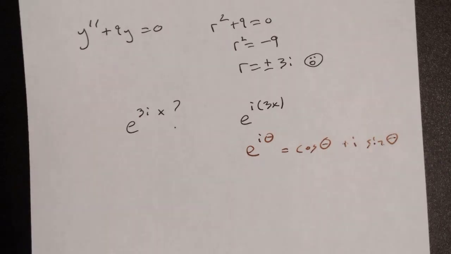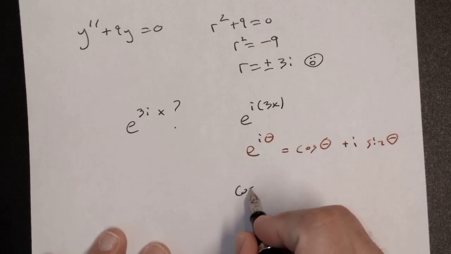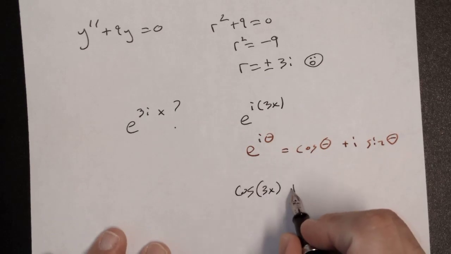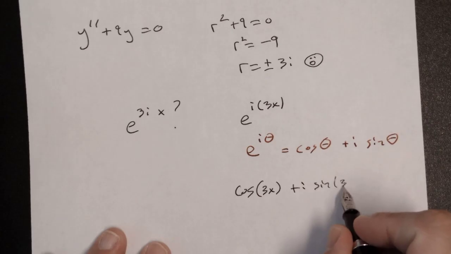Now we actually can prove this using power series. No, Mia, I'm not going to. But it turns out to be an absolutely true fact, which means when I write e to the i times 3x, the way to think of this is cosine 3x plus i sine 3x.